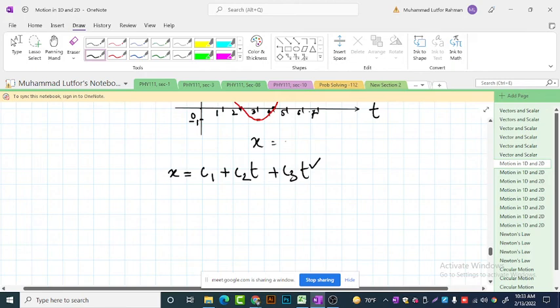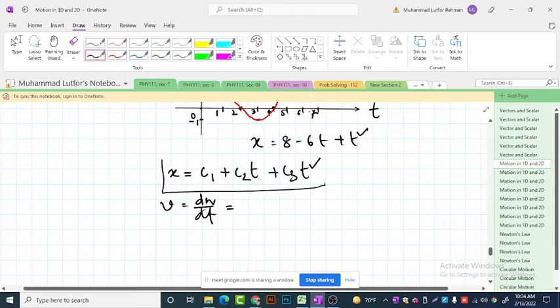x was 8 minus 6t plus t square is exactly the same equation, but right now I am writing it in the most general way, where c1, c2 and c3 are basically constants. I am going to find out those constants for you. Say if I take the velocity of this function, dx over dt, what will that be? If I take the derivative of this equation with respect to time, what will I find?